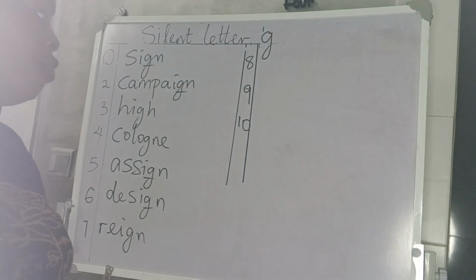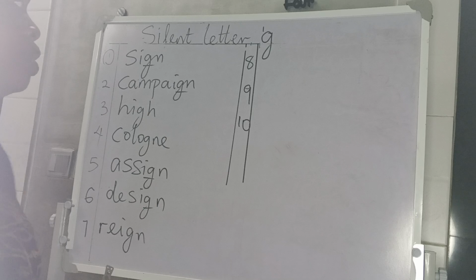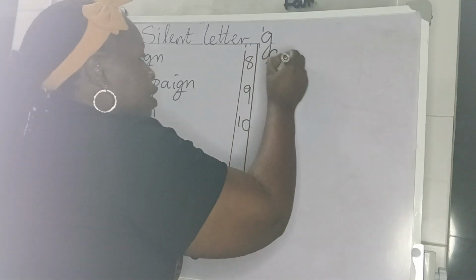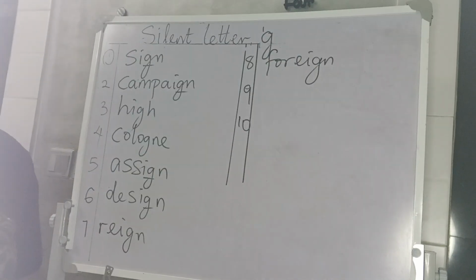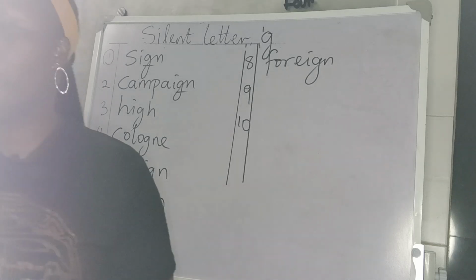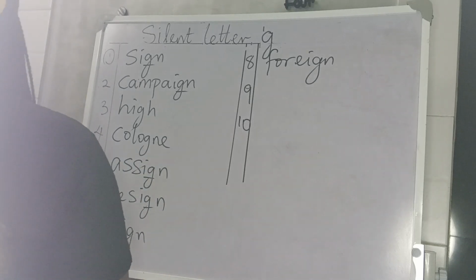We'll have what? Reign. Then we'll have foreign. Is G silent there? Foreign. G is also silent.